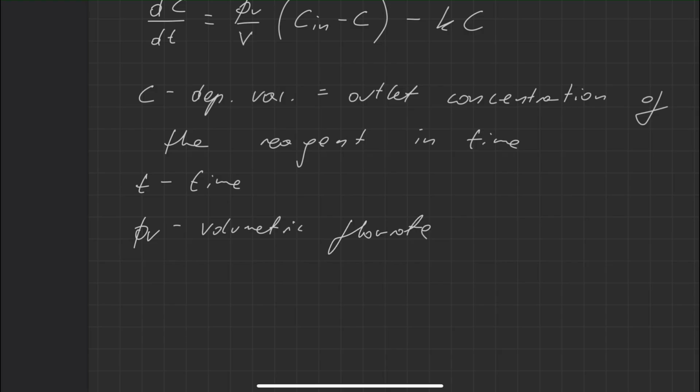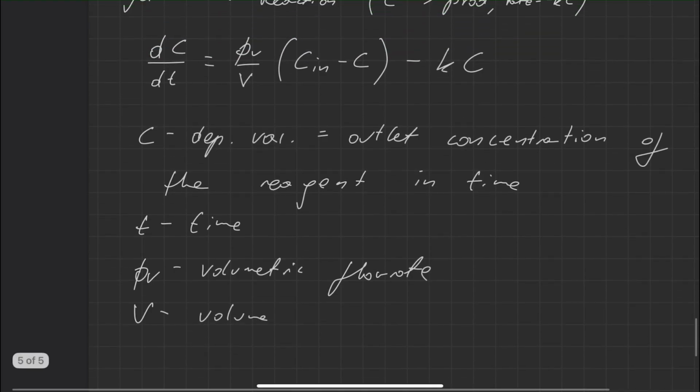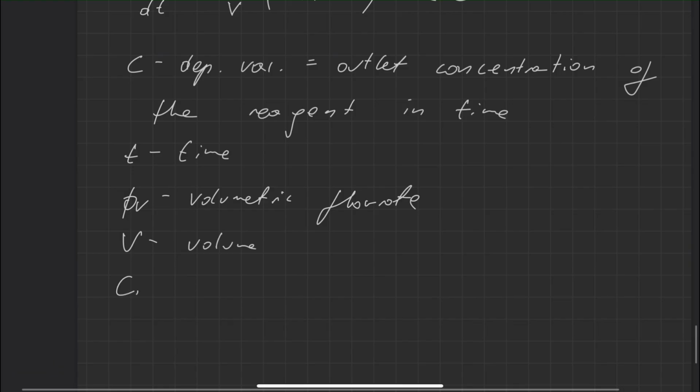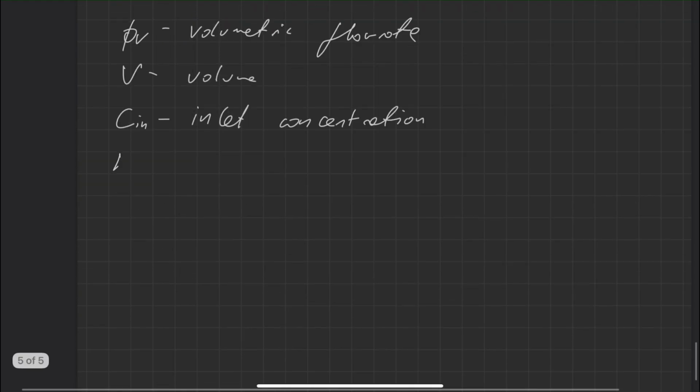We will assume it to be constant, same as V, which is the volume. And of course, C in will be the inlet concentration, and k is the reaction rate constant.